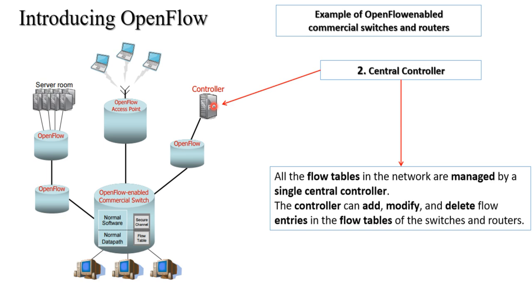You can see the central controller communicates with these switches and routers using the OpenFlow protocol. All of the flow tables in the network are managed by a single central controller, and the controller can add, modify, and delete flows in the flow tables, as I have mentioned before.